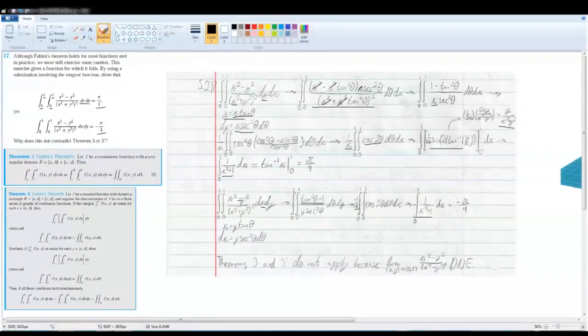So how come these don't add up even though Fubini's theorem says that they should? Well, it's because the original function actually is not continuous, which is stated right here. Let f be a continuous function.